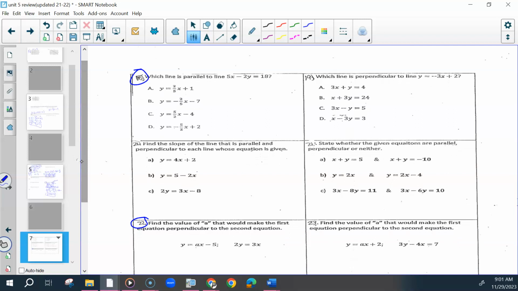Number 18 is asking which line is parallel to this original. So we have to solve this one by doing what? We get this back in slope-intercept form. Subtract 5x on both sides.